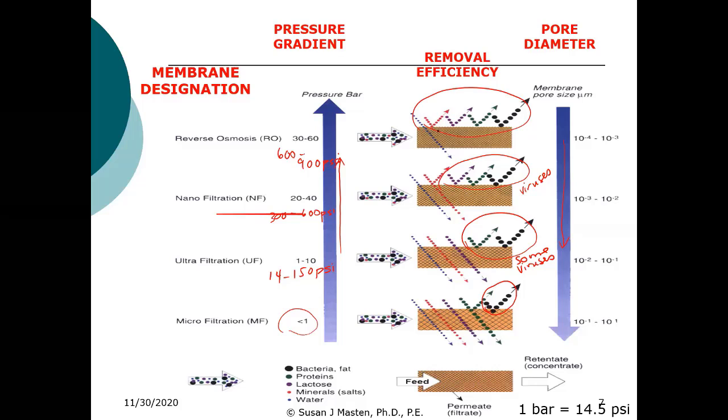So when we're looking at desalination, so removing the salts from seawater, we're looking at reverse osmosis. We may be able to get some removal of these same ions with a tight nanofiltration. You can see there's some overlap in terms of both the pore diameter and also in terms of the pressures that are used.